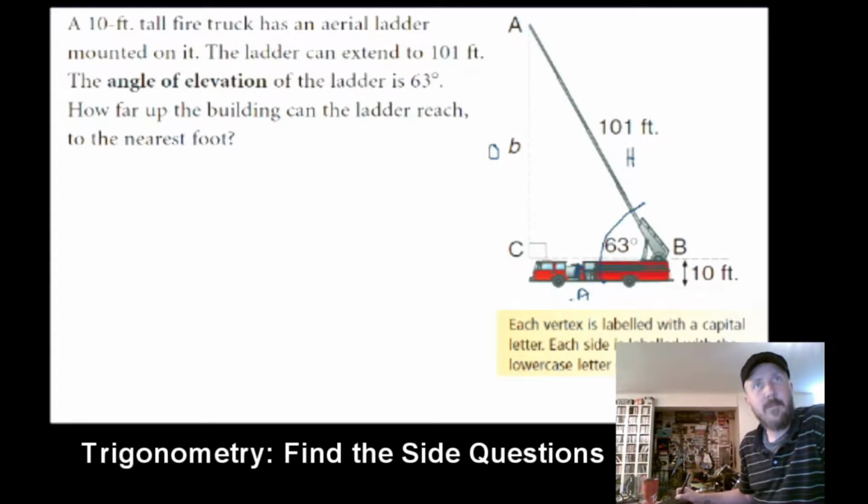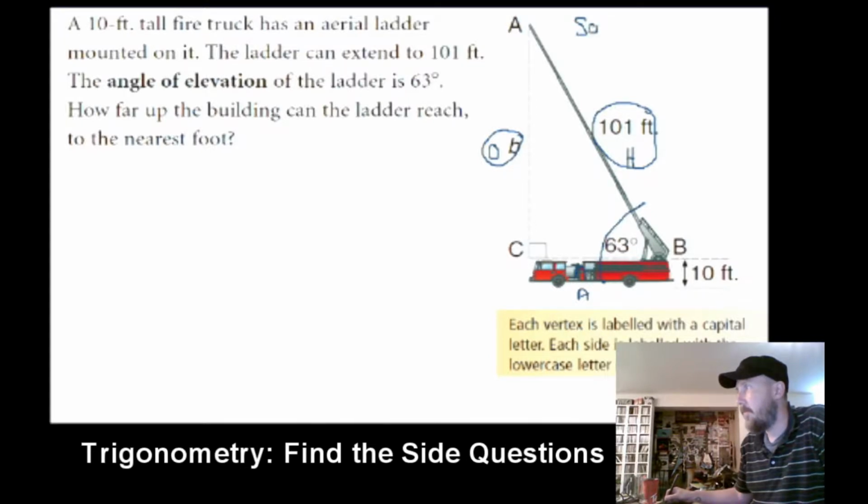Okay? So, from my angle, I've got the opposite that I'm trying to find, and I have information about the hypotenuse. I don't really have anything about the adjacent. So I'm only dealing with opposite and hypotenuse.